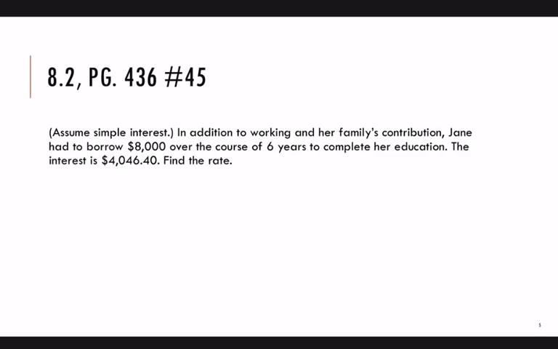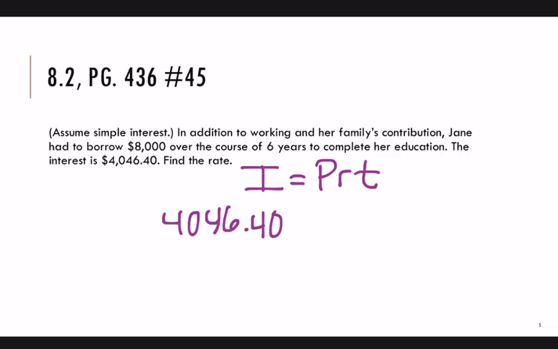Okay, so we need to use the interest formula for simple interest, and then we need to solve and find the rate. So that must mean we know the interest, the principal, and the time. Yep, and we do. We have the interest, $4,046.40. The principal is the amount that she needed to borrow, $8,000.